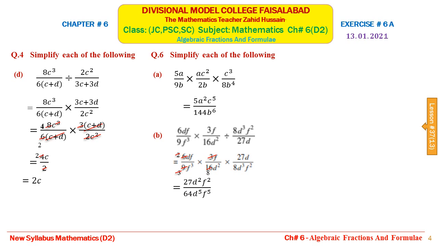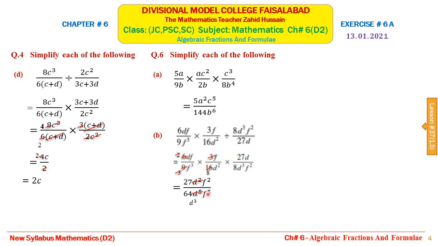Now look at this, in the numerator and denominator there are still common factors. d is common in numerator and denominator, and f is common in numerator and denominator. So we will divide these two, and from the larger power we will subtract the smaller power. So d square, d5 divided by d2 will give us d3 in the denominator, because in the denominator the power of d is larger.